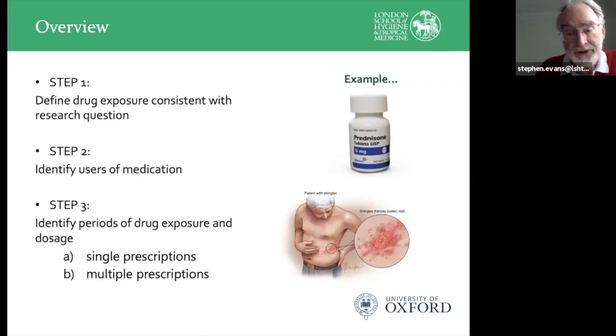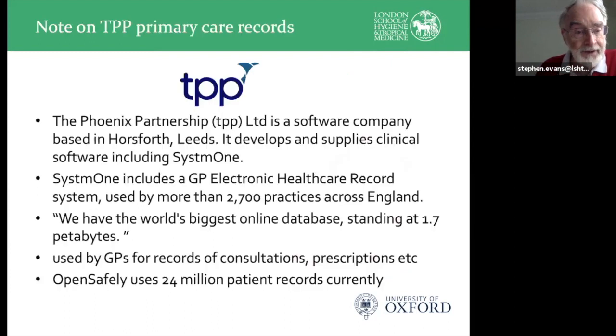So we might be interested in looking at a steroid like prednisone, and it might be given to a patient with shingles and they have a rash on their abdomen, which is one-sided generally in shingles. So they may be given a steroid as the treatment for this.